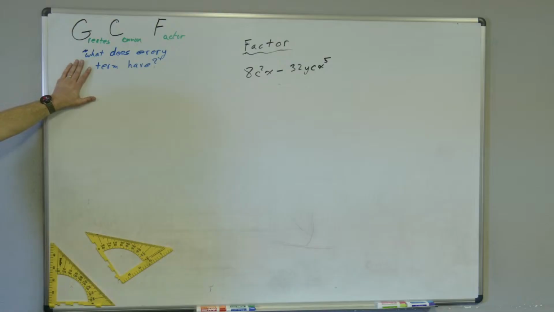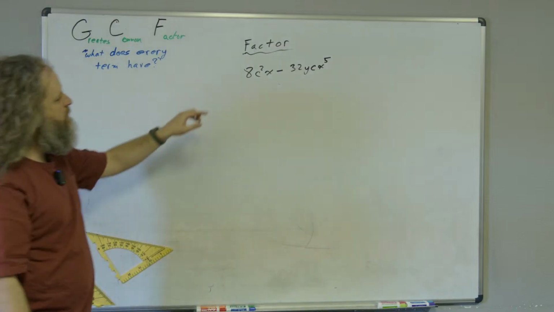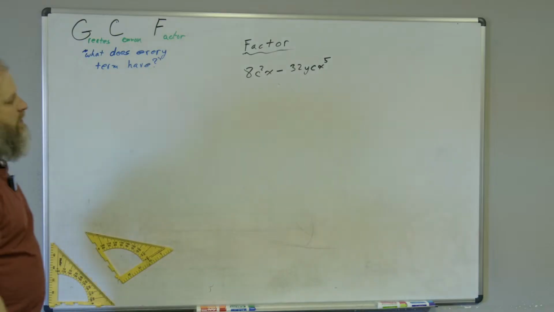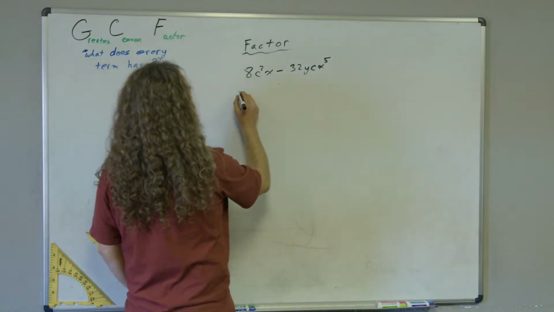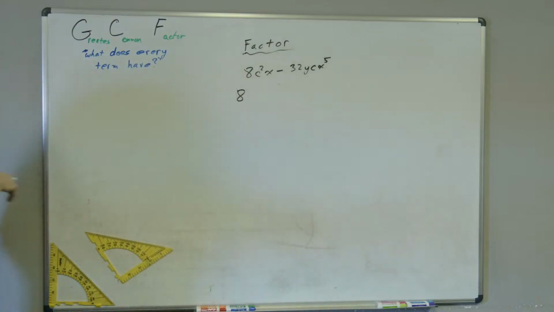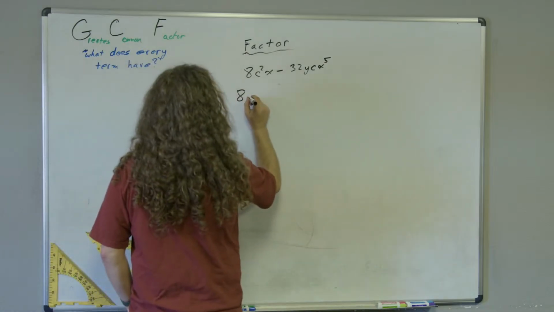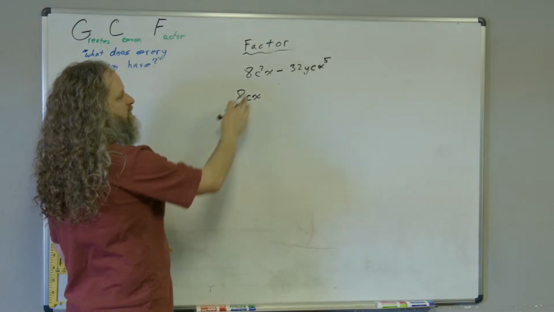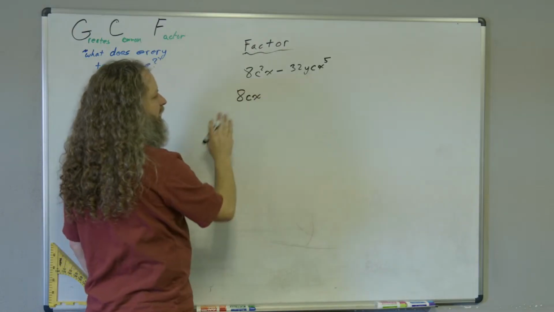We want to see, does anything go into both of those terms? So we look at the numbers first. Does any number go into 8 and 32? 8 does. So we're going to start writing down our GCFs. I'm going to write down an 8. Do they have any letters in common between them? C. They both have one C, and they both have one X. This one has 2 C's, and this one has 5 X's, but they have at least one of each.